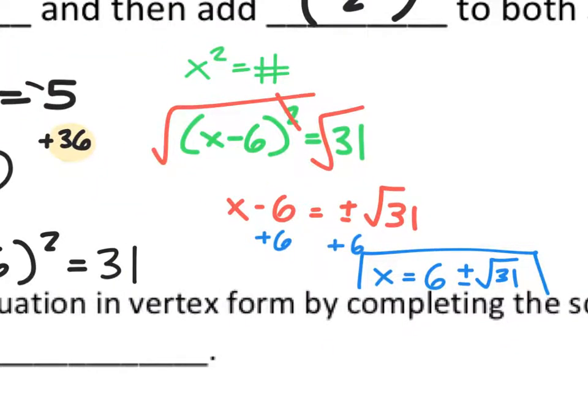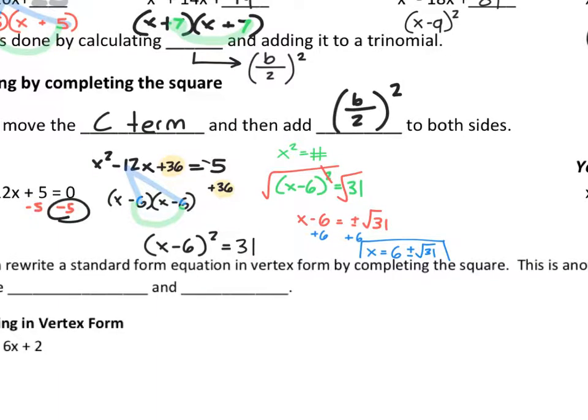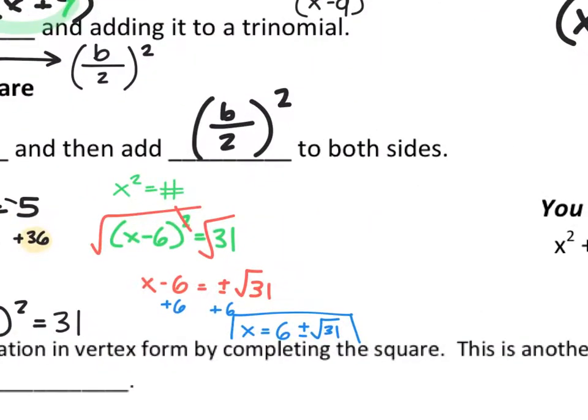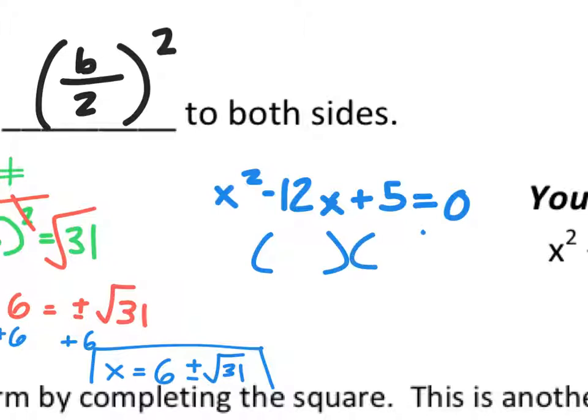Now, what this means is that this original scenario was not factorable. If I rewrite that original scenario, which was x squared minus 12x plus 5, if you look back at it, it was not factorable. Right? There are no numbers that multiply to 5 that also add to negative 12.